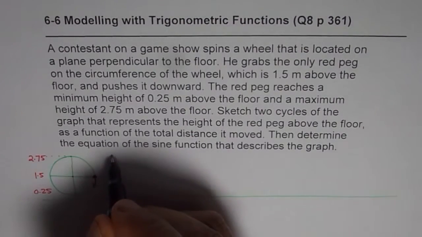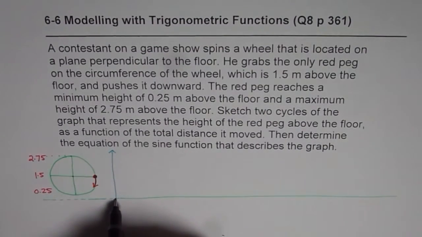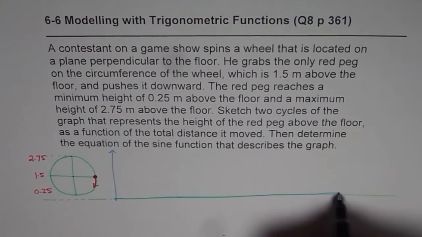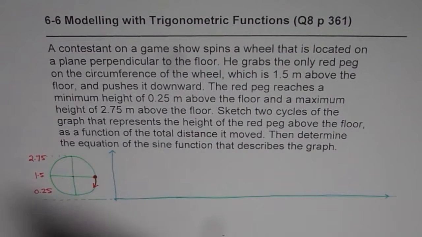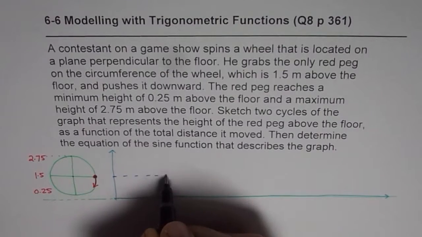For my graph, let's say this is the y-axis, and the floor itself is the x-axis, right? So this is my floor, which is the x-axis. Now, the axis of the graph will remain right there. This is at the height of 1.5, so I'll have the axis here.